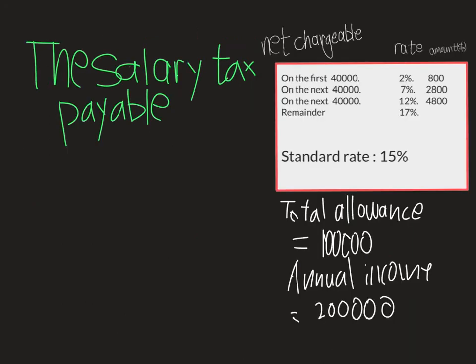If the question is asking for the salary tax payable, that means you need to calculate two methods of the salary tax. The first one is here, and the second one is here, the standard rate times the annual income.